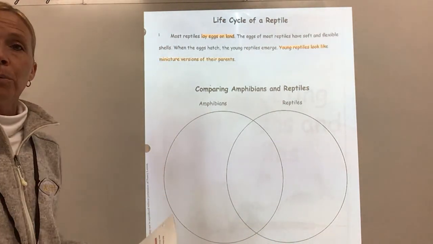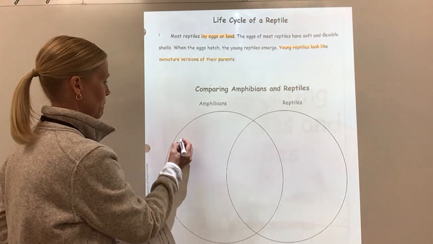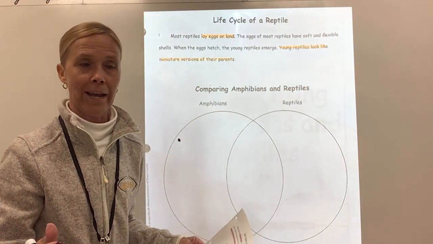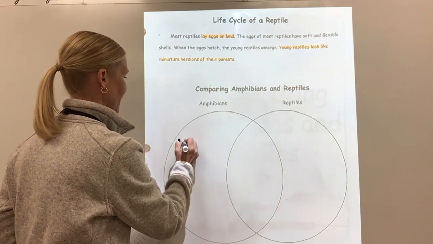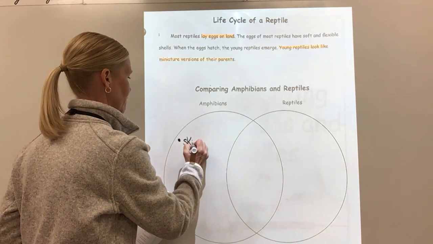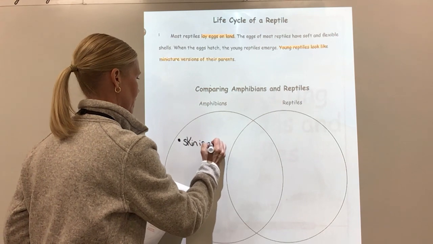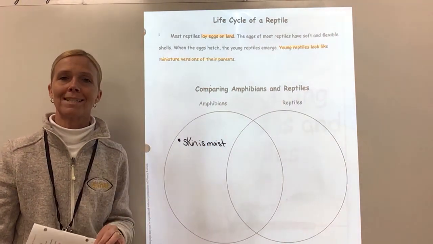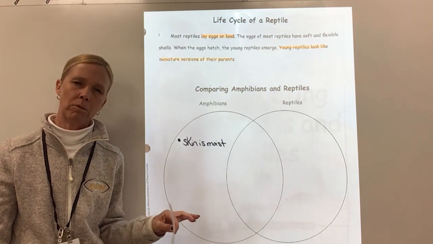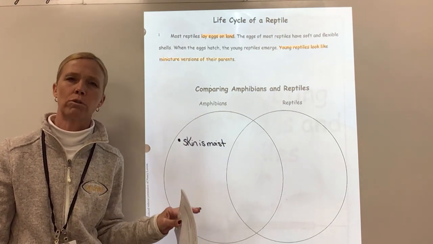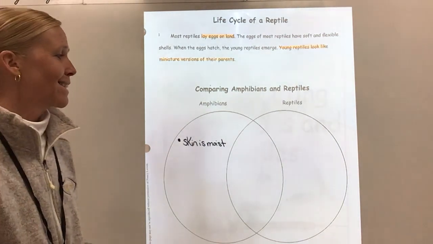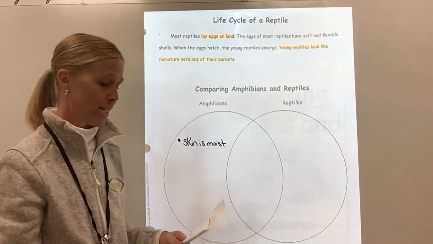All right. So with amphibians, one thing specific to them, and you probably have some ideas already going through your head, is their skin is moist. Okay? Skin is moist, that's to keep them from drying out. Now we did mention that the toads were kind of dry already, but most amphibians have skin that is moist.